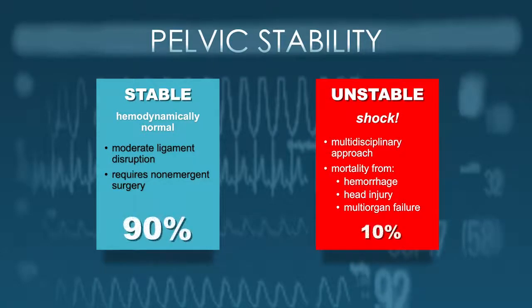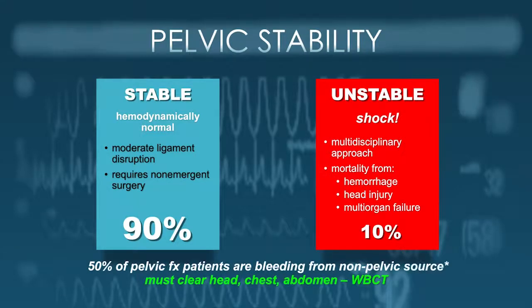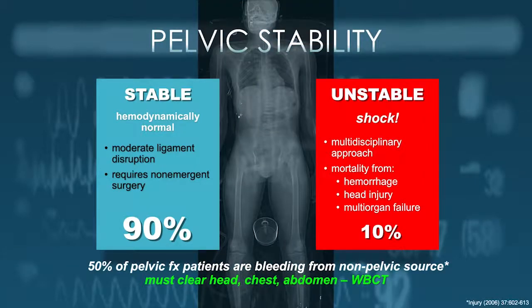Thankfully, the stable presentations are the vast majority, about 90% of these patients when they do come in. And of course, we have to think about hemorrhage from non-pelvic sources, which is the case in about 50% of pelvic fracture patients. So we do need to clear the head, the chest, the abdomen, and therefore integrate these patients with whole body CTs in the majority of cases.